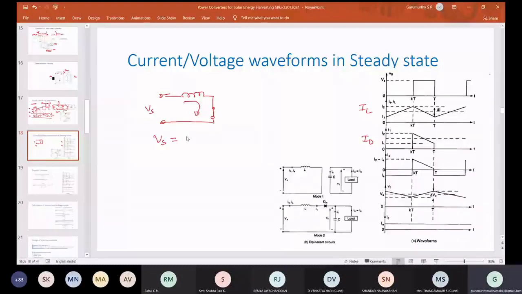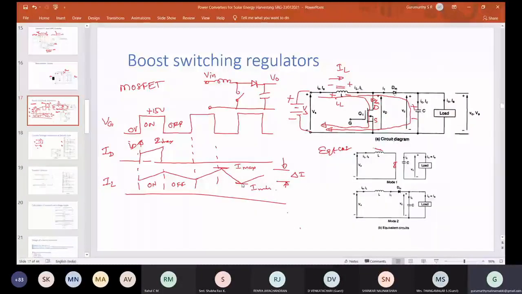Now if you see the steady state, what is di? This is di, from here to here. From here it starts rising, goes up to the maximum and comes down like this. So this is the di.